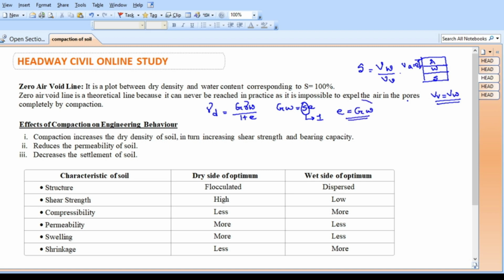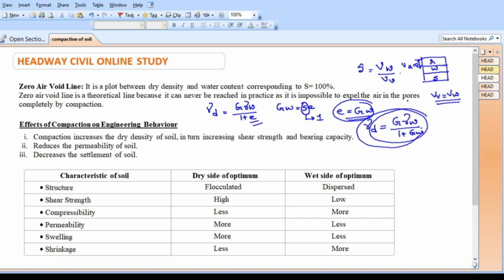If we substitute this value of e as Gw in this equation, what we get is gamma d as G times gamma w divided by 1 plus Gw. So this is the equation that we get for finding the dry density corresponding to the zero air void line.